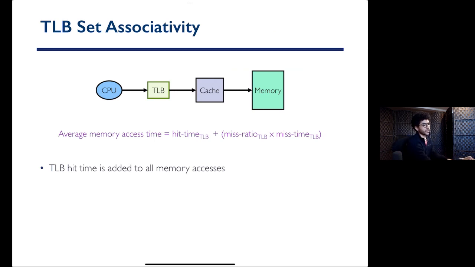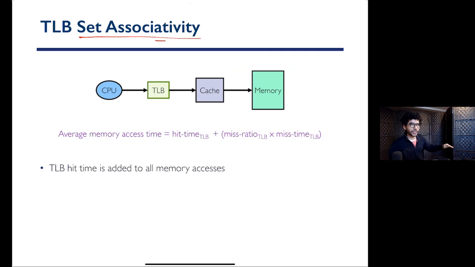TLB is like any cache, right? TLB is a cache. Now, we talked about set associativity for our caches. We had direct map cache, and then we had two-way set associative, four-way set associative, and fully associative caches. If you remember, direct map cache was less flexible, but fast.